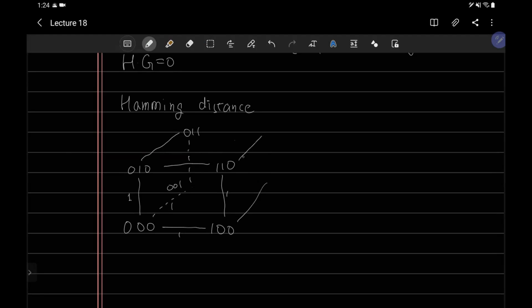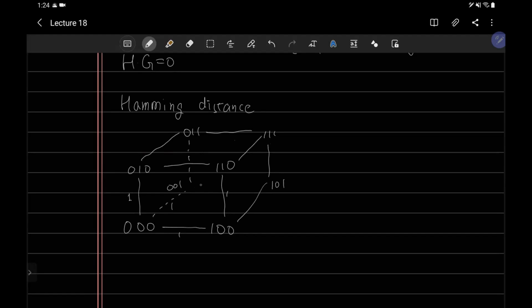I can continue to consider what kind of error I might have. For this one, I might have the third bit flipped like here, and from here to here, the third bit might be flipped like this one, and the second bit might be flipped this one, and so forth.